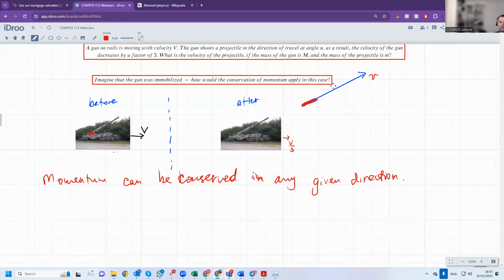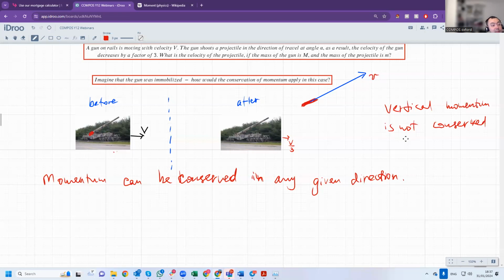Vertical momentum is not conserved. Exactly.